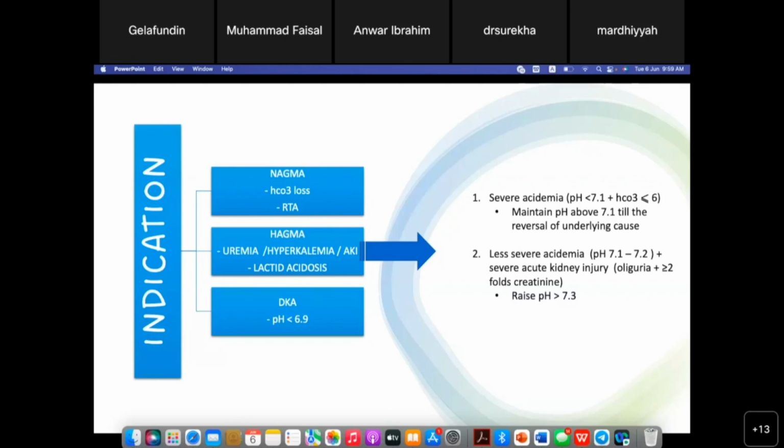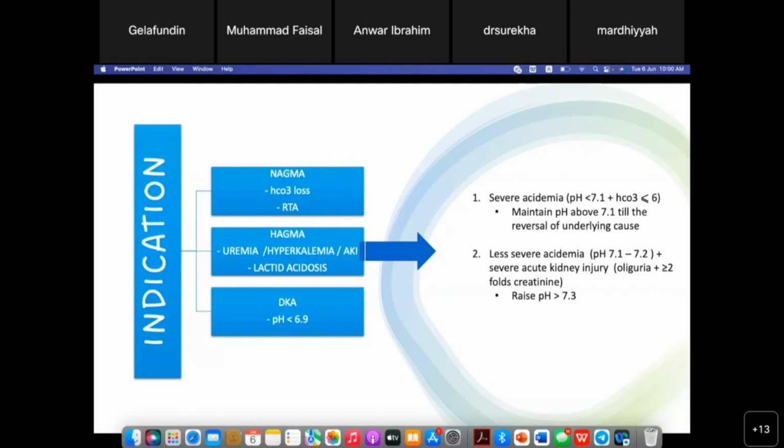Another one, in case the patient has less severe acidemia, that means the pH is about 7.1 to 7.2. If they have severe AKI, then you might consider giving sodium bicarb. This includes patients with oliguria and a 2 or more fold increment of the creatinine. For this one, your aim is to raise the pH above 7.3.